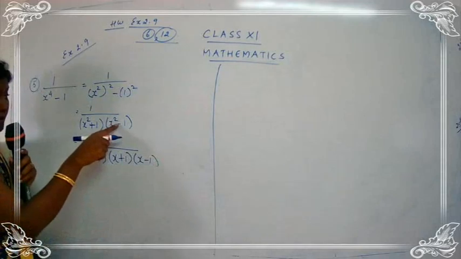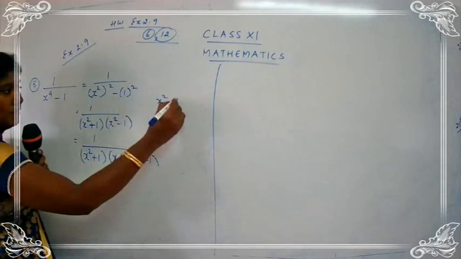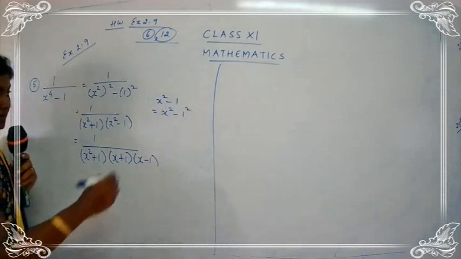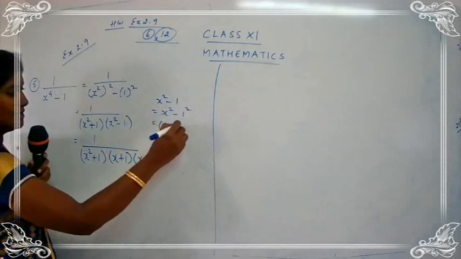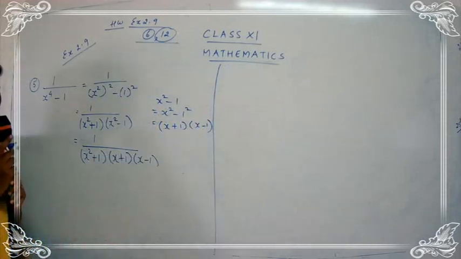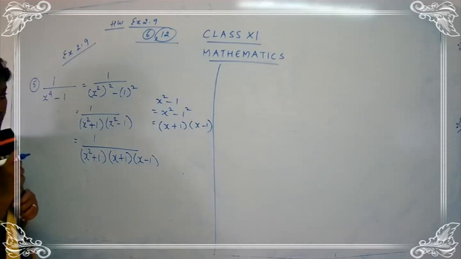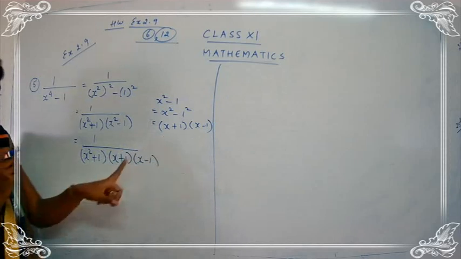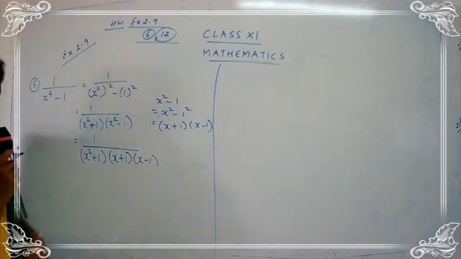This is a square minus b square. X square minus 1 can be written as x square minus 1 square, which is equal to (x plus 1)(x minus 1). Again we are applying the identity a square minus b square, so it turns to be (a plus b)(a minus b). So you get (x plus 1)(x minus 1). Are you clear, children?